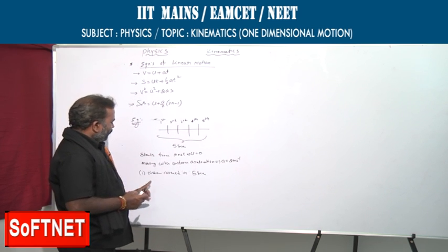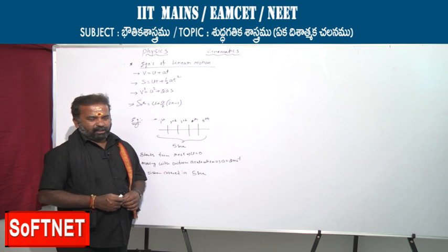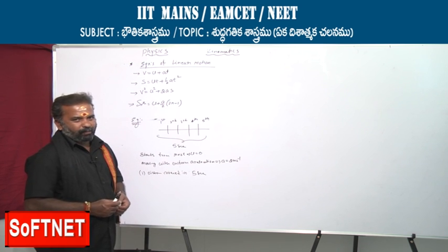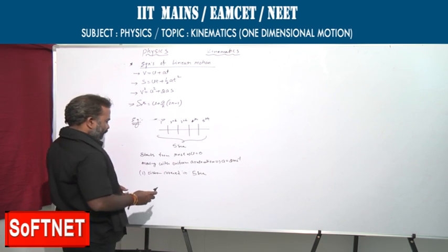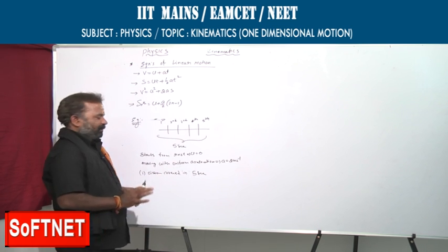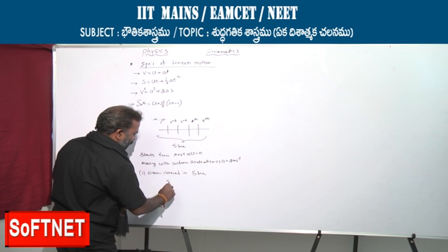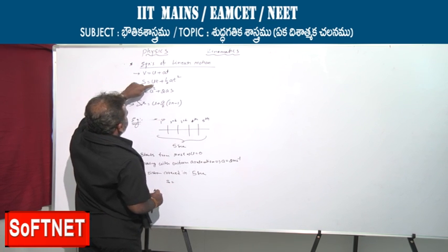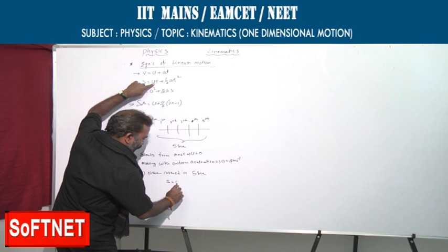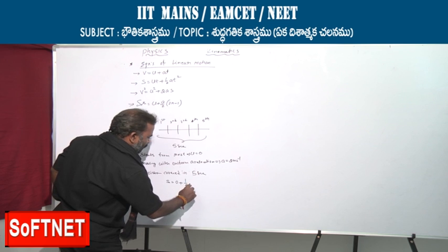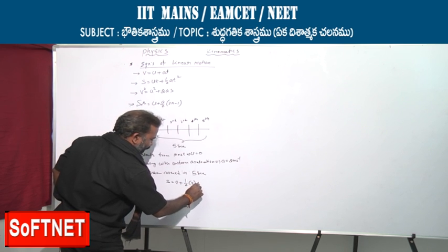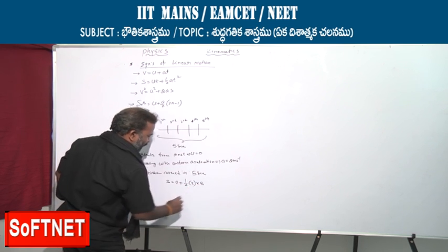Here we have taken the body is moving in a straight line. So distance and displacement will be the same if the body is moving in a straight line without any change in direction. So from the equation, S is equal to ut, u is 0, plus half, A is 2 meters per second squared and time is 5 seconds.